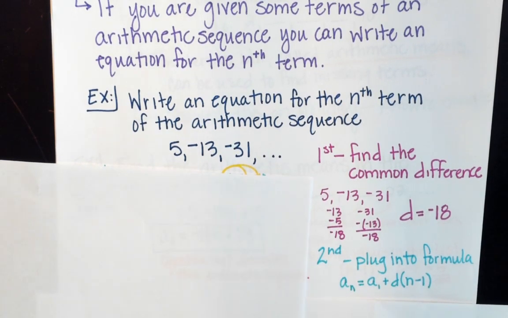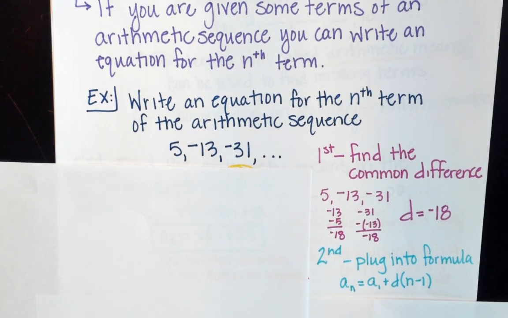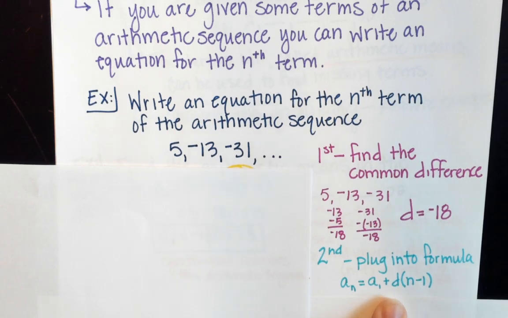The second step, and you're going to find this gets repeated a lot in the lesson today, is to plug it into the formula. For all of our formulas, if you have all the variables but one, you can solve for that missing variable. So it really doesn't matter what we're trying to find. This formula, as long as it's an arithmetic sequence or has a common difference, not that common ratio that we talked about with the geometric sequence, is going to come into play the whole time today.